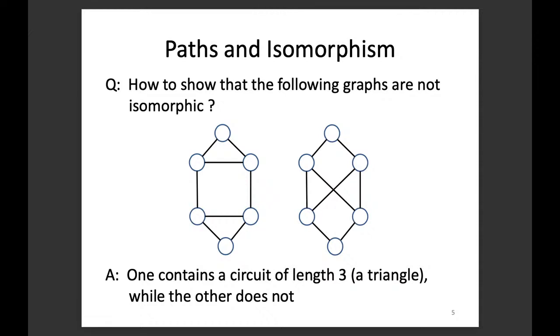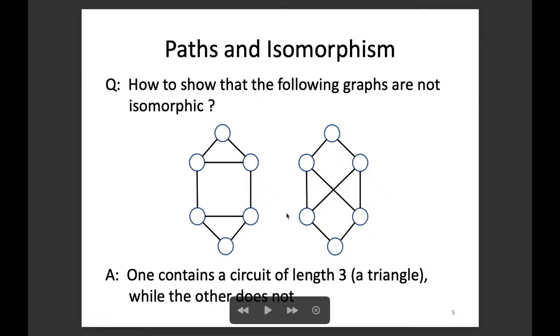Now, we have another example of showing non-isomorphic graphs. So we have two graphs here. We want to show that this graph and this graph are not isomorphic to each other. One thing that we can see here is that on the left-hand side, we have a circuit of length 3, but on the right-hand side, we don't have a circuit of length 3.